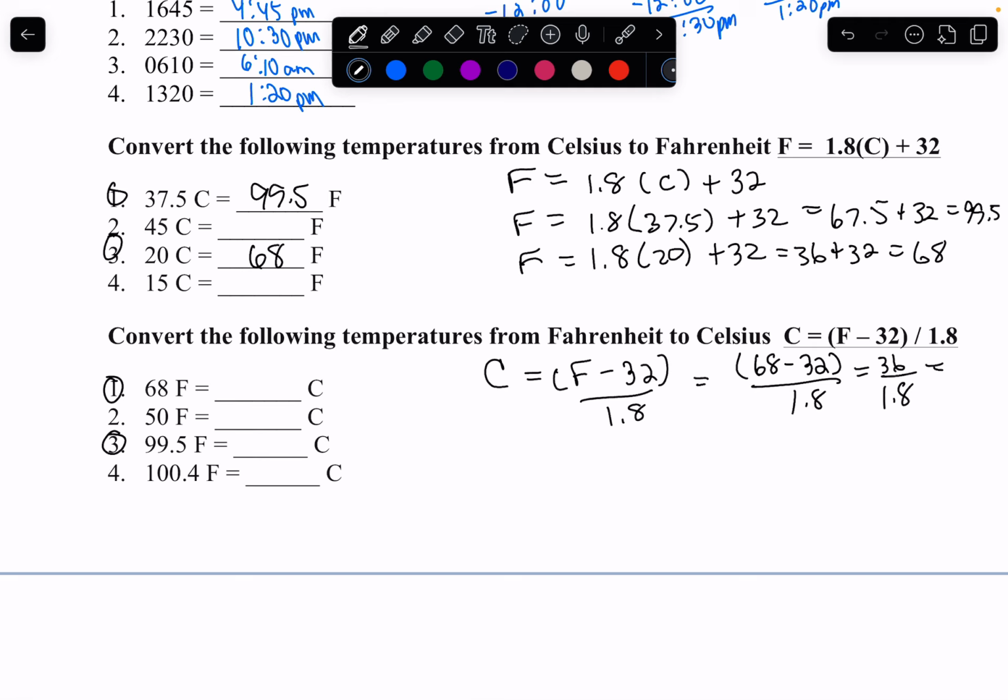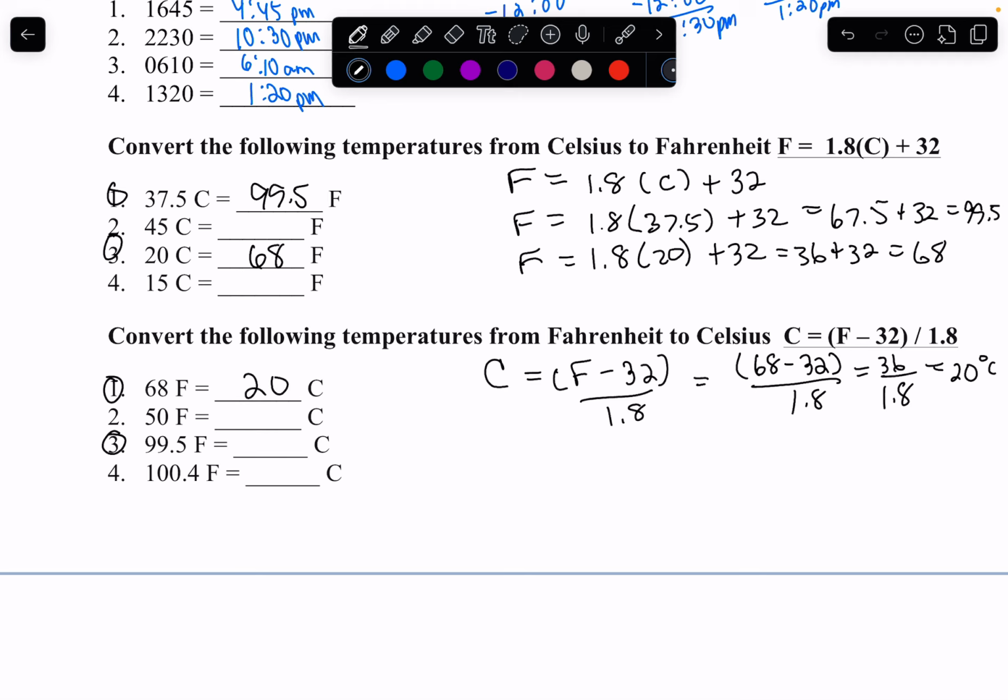Divided by 1.8 is our next step. If we divide that by 1.8, we get 20 degrees. Now look what we did up above. 20 degrees Celsius was 68 degrees Fahrenheit. So, hey, we went backwards, right?